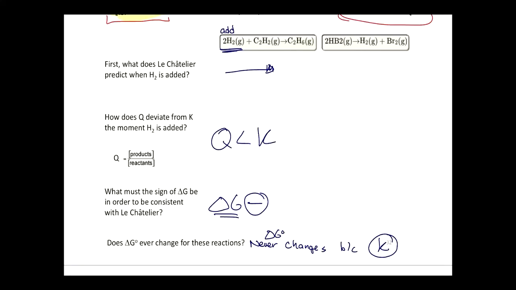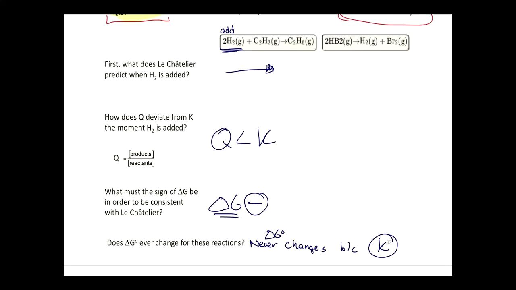How we use Q is analogous to how we use delta G without the naught. Delta G is related to non-standard, non-equilibrium conditions, so that's when we input Q values. But delta G naught is just related to K, a standard value that's always used at 298 Kelvin.